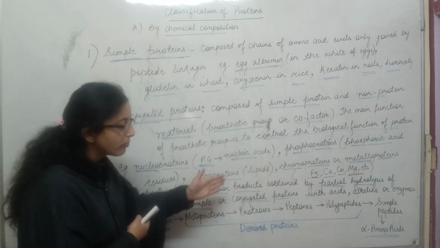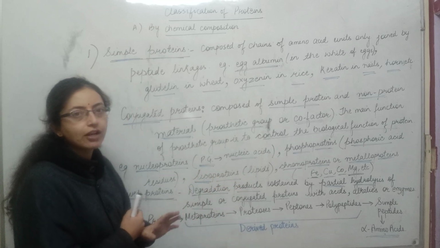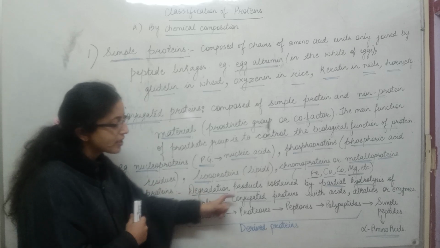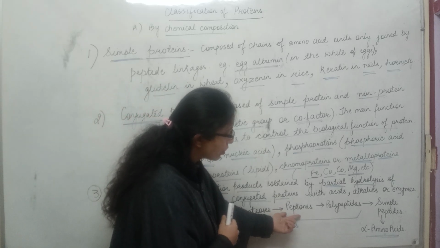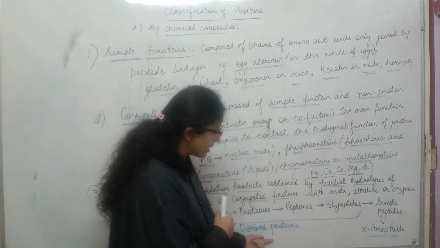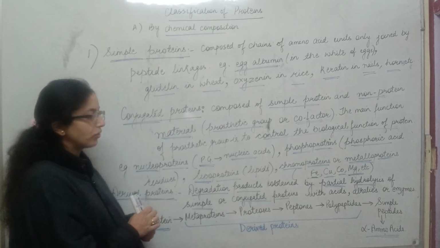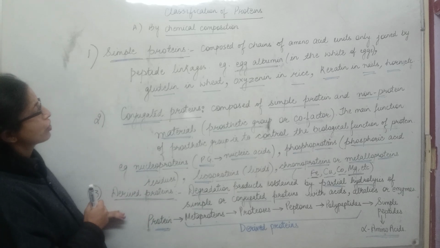But in between जो ये products बन रहे हैं partial hydrolysis के, ठीक है, complete hydrolysis will give alpha amino acid, the simplest unit. But जो partial hydrolysis products हैं, like metaproteins, proteoses, peptones, polypeptides, these are termed as derived proteins.